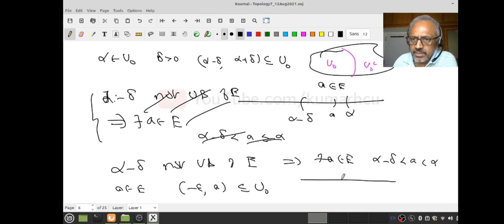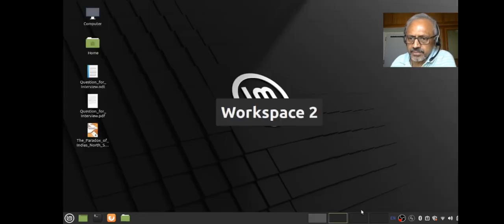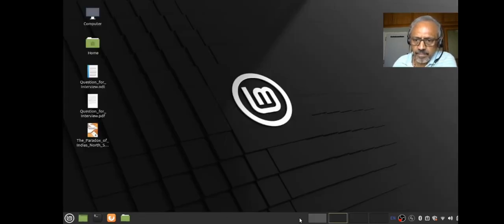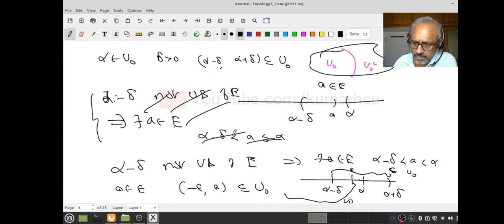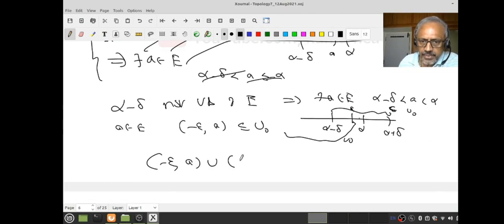Now let's look at that. I have alpha minus delta, this is my A, and this is alpha plus delta. This object is contained in U0, and I know up to A is contained in U0. Therefore, what is the union? Minus epsilon to A union alpha minus delta to alpha plus delta.